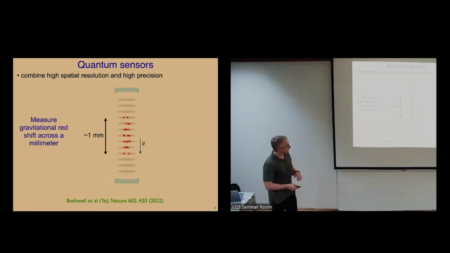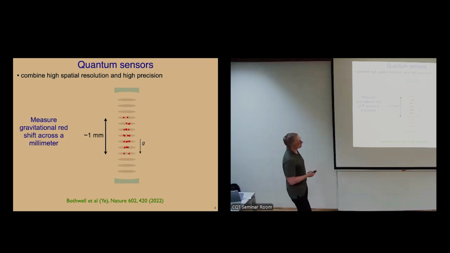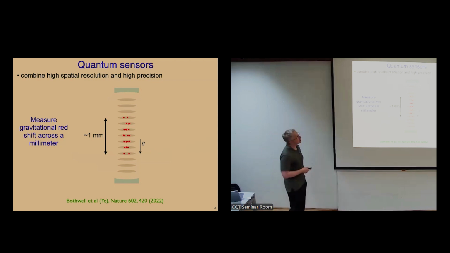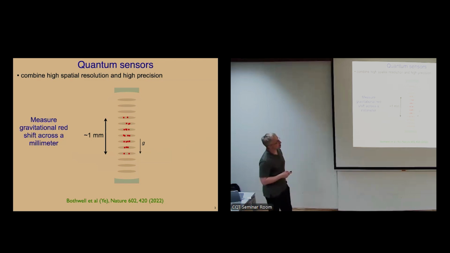So here's just to emphasize how awesome quantum sensors can be. This is an experiment from Junyi at NIST Boulder. And what they were able to do is the following. Because of Einstein's theory of general relativity, two clocks at different gravitational potential tick at slightly different rates.